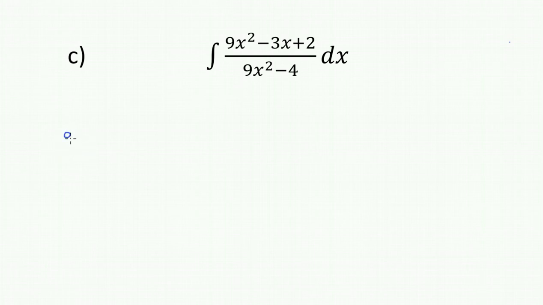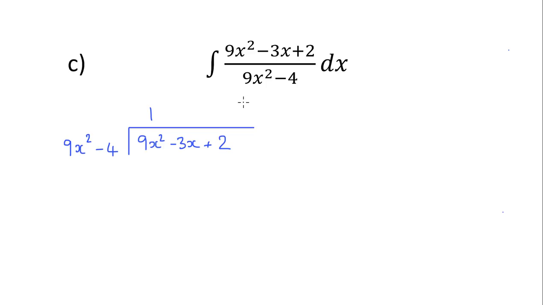So we're going to start off by dividing the 9x squared minus 3x plus 2 by 9x squared take 4. So if you remember how we do this, we ask how many times does 9x squared multiply into 9x squared, and the answer is just 1.